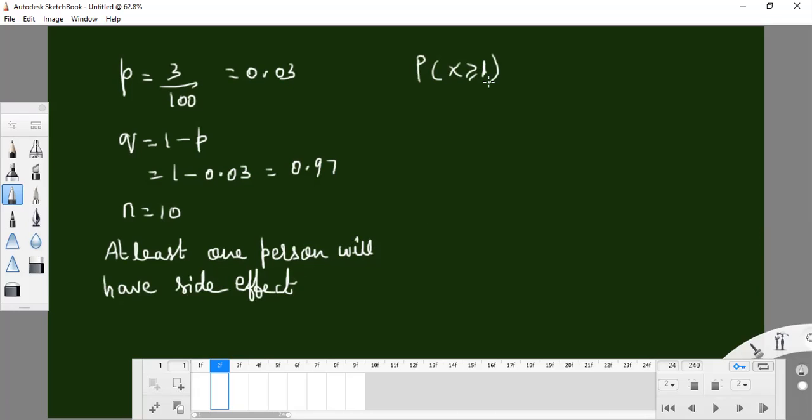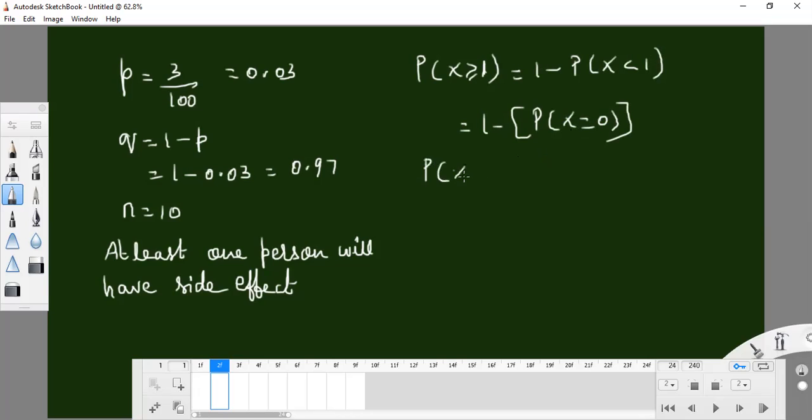Greater than or equal to 1 means you would write up to 10: 1, 2, 3, 4, up to 10. So you move on to this: 1 minus P of x less than 1. X less than 1 gives 1 minus P of x equal to 0.